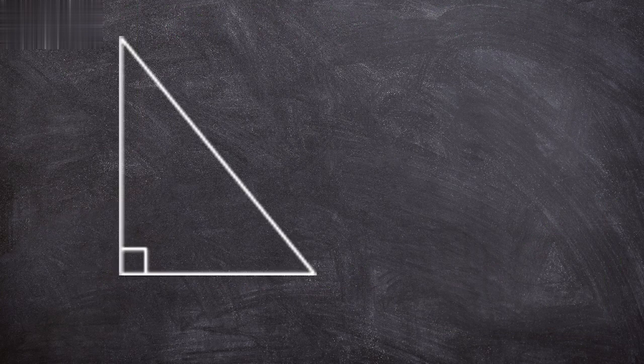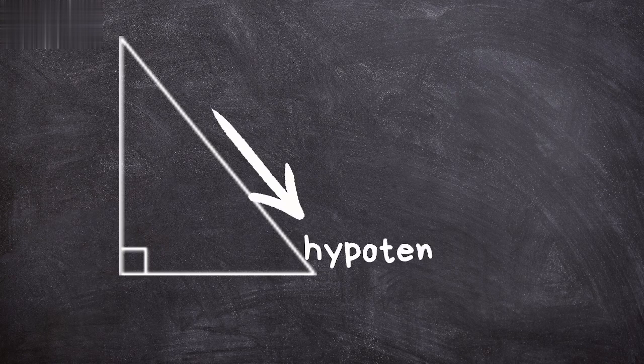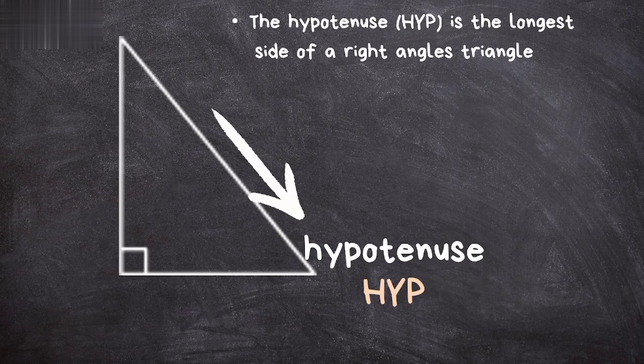It is very important that we are able to identify most especially the hypotenuse of a right angle triangle, then the two adjacent sides. So this is the hypotenuse of a right angle triangle. Now, how do we identify this hypotenuse? The first thing is that it is the longest side of a right angle triangle. So if a right angle triangle is given to you, the longest side of that right angle triangle is what we identify as the hypotenuse.